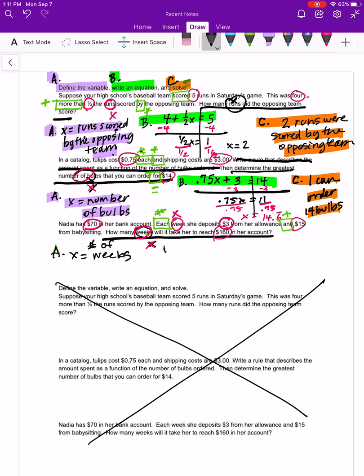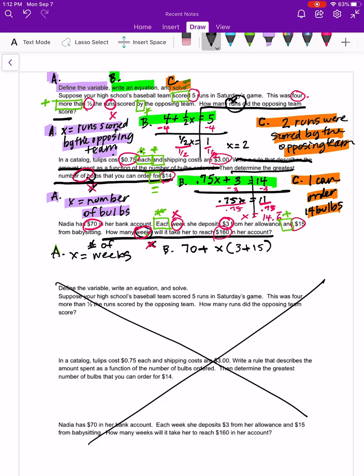Okay. B, what's the equation look like? She starts with 70. And then each week, we don't know how many weeks, so we're going to say each week. So we're going to say plus. We don't know how many weeks, but each week she deposits 3 from her allowance and 15 from babysitting.